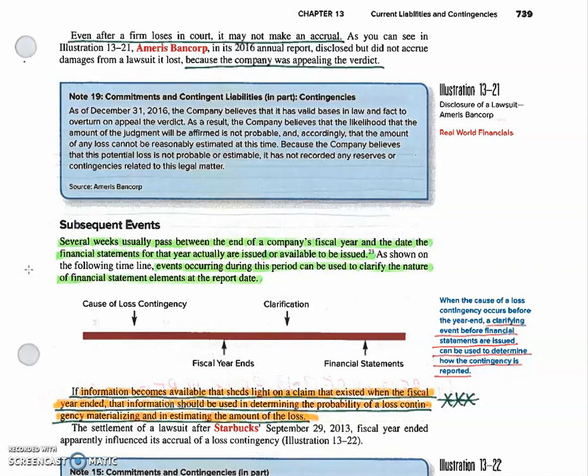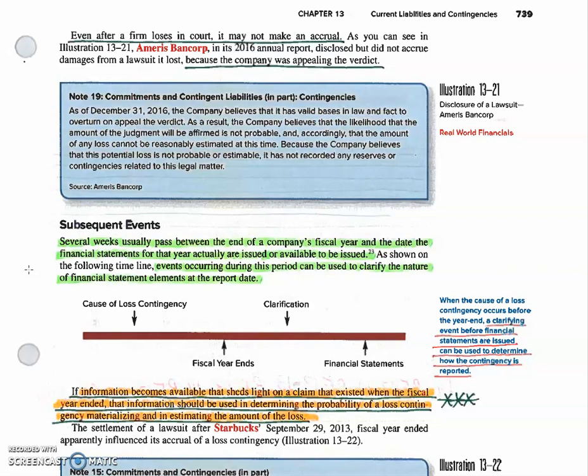Let's say at year end you have a pending lawsuit, and let's say that it gets settled in January before you issue financial statements. Well, in that case, it makes known a condition that existed at year end. At year end, you were liable.